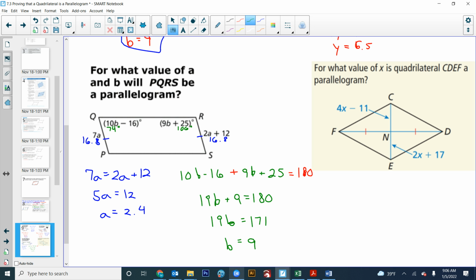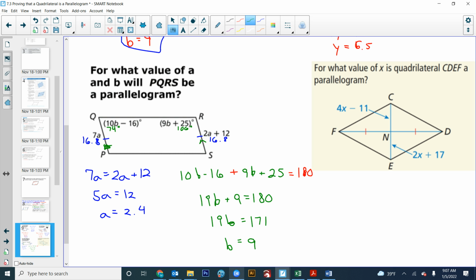If consecutive interior angles are supplementary, then the lines forming them must be parallel. That's an arrow. Now do we have a pair of sides congruent and parallel? Yes.